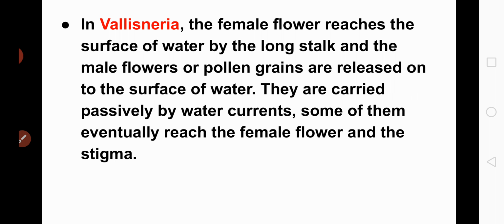During the time of pollination, the female flower reaches the surface of the water by the long stalk. The male flowers or the pollen grains are released onto the surface of water, and they are carried by the water currents, and some of them eventually reach the female flower and the stigma. Thus the pollination process takes place.